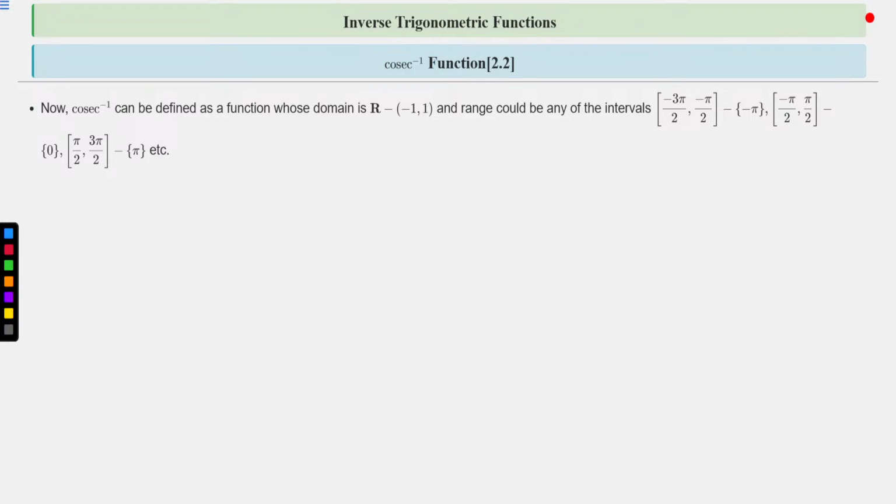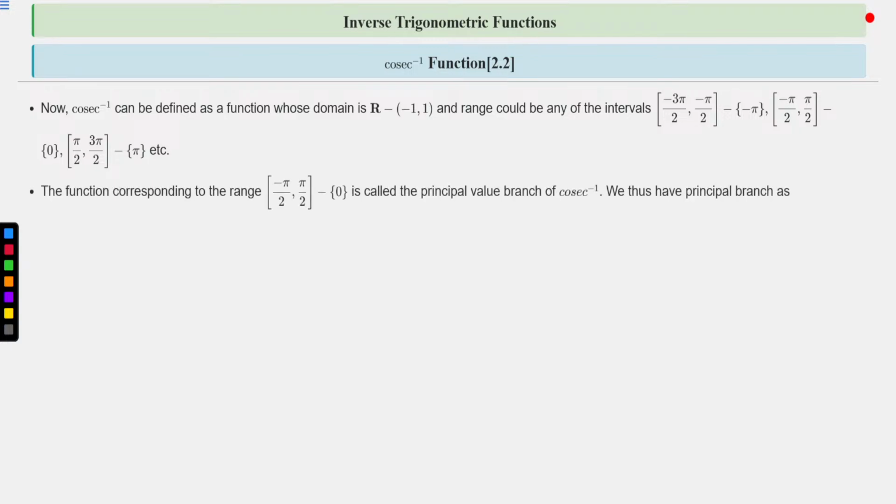So you can restrict the domain in all these ways, but the function corresponding to the range minus pi by 2 to pi by 2 except 0 is called the principal value branch of cosec inverse. We thus have the principal branch as: cosec inverse with domain all real values except minus 1 to 1, and range minus pi by 2 to pi by 2 except 0, right?